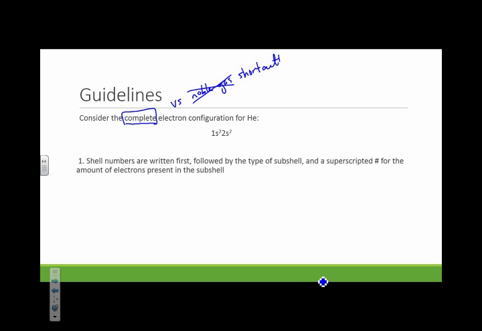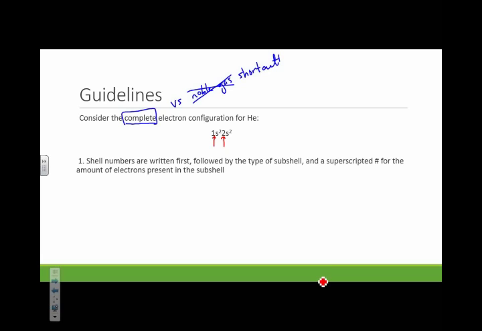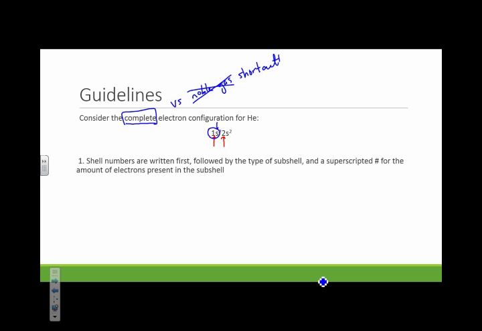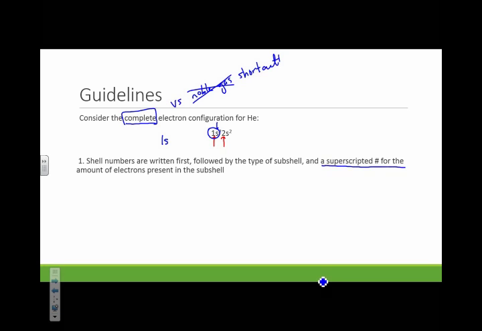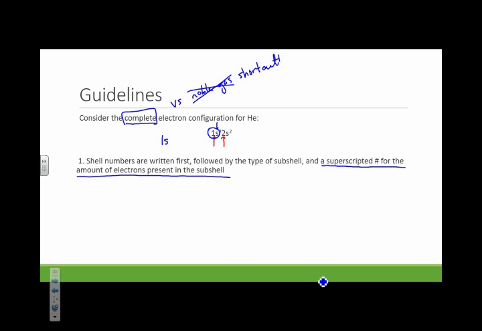What you want to notice here is that the shell numbers are written first. So these numbers right here tell me the shell number. That's followed by the type of subshell. So this collection here tells me I have the 1s subshell. And then finally, there's a superscripted number for the amount of electrons present in the subshell.